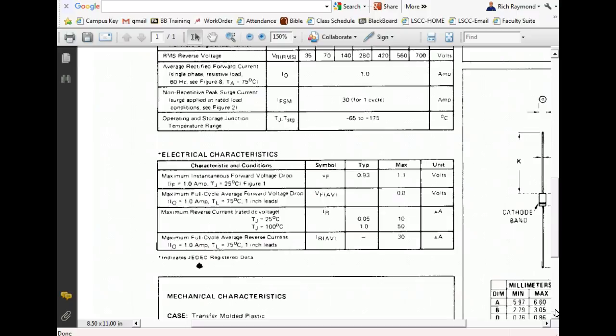So the longer the leads, the less power you can get out of them. You think there'd be lots more surface area? Well, you're dealing with the surface area of the leads and the surface area of a trace on the circuit card. Does that make sense?